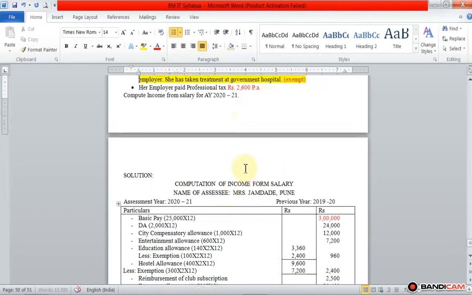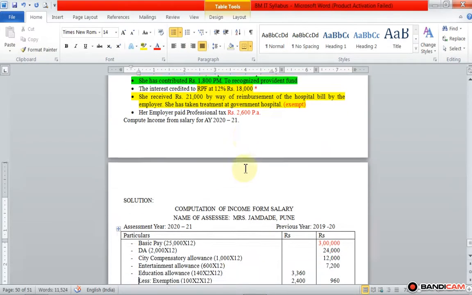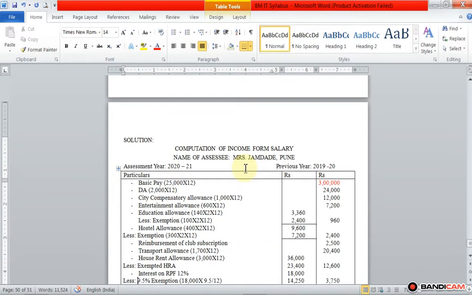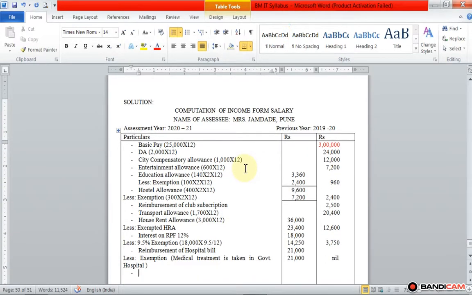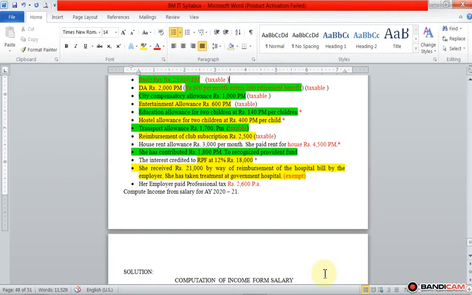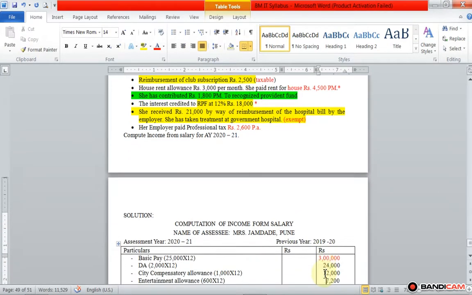Then professional tax paid by employer. The employer paid the professional tax of the employee amounting to rupees 2,600. So here we take into consideration all taxable allowances, perquisites and interest on RPF.